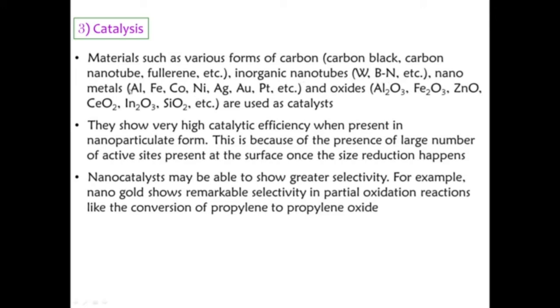And nanometals: aluminium, iron, cobalt, nickel, silver, gold, platinum, etc. And metal oxides like alumina (Al2O3), iron oxide (Fe2O3), zinc oxide, cerium oxide, indium oxide, and silica (SiO2), etc. can all act as catalysts when the size is reduced to the nanoform.